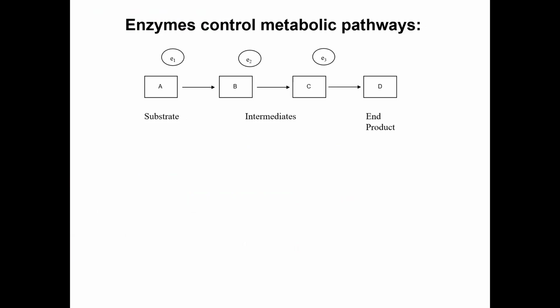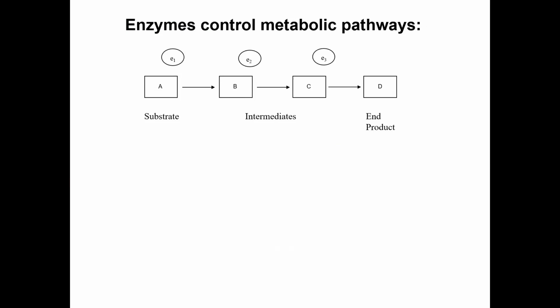And we have enzymes that are used in the control of metabolic pathways. Now, this is the normal schematic flow of an enzyme reaction. This is a metabolic pathway involving many enzymes in the catalysis of a certain substrate to a particular end product.